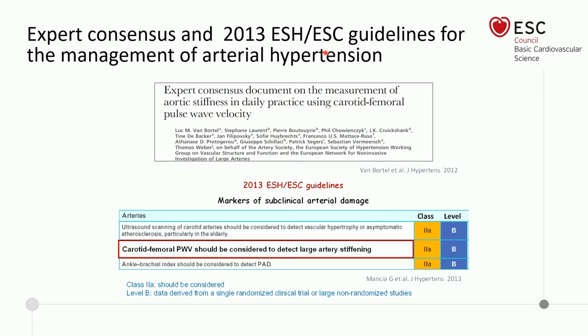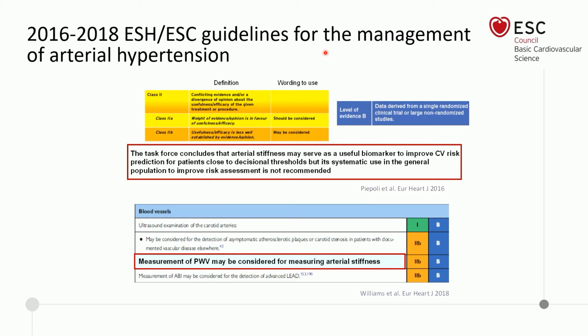For example, from 2013 to 2016 and now 2018, there is modification in the recommendations of arterial stiffness useful to determine the cardiovascular risk. And arterial stiffness is necessary to address the cardiovascular risk.